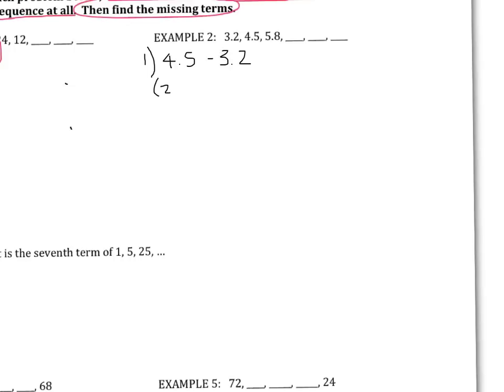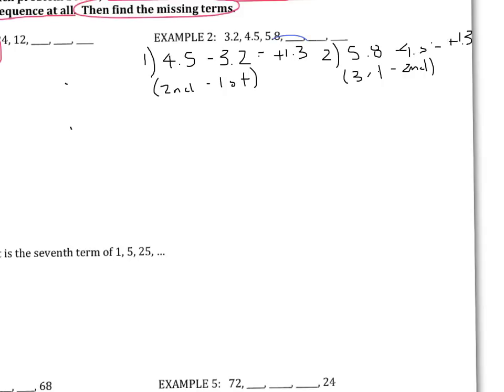Remember that's second minus first. And that gives us a positive 1.3. Let's try 5.8, our third number, minus our second number. Remember that's third minus second, and that gives us a positive 1.3.